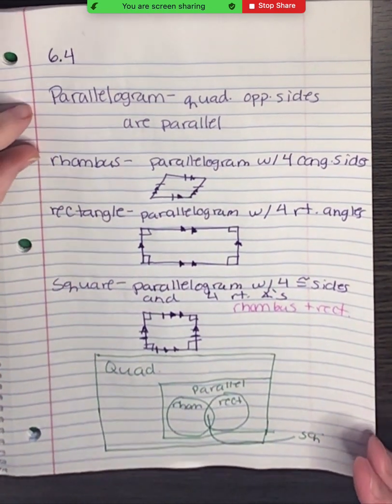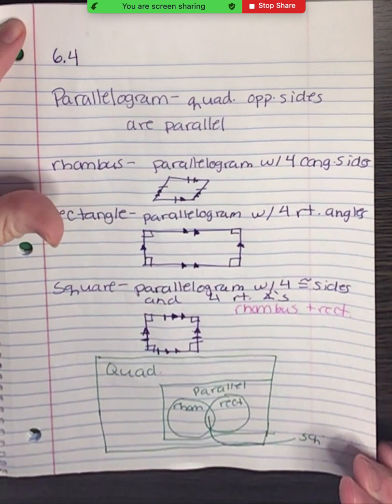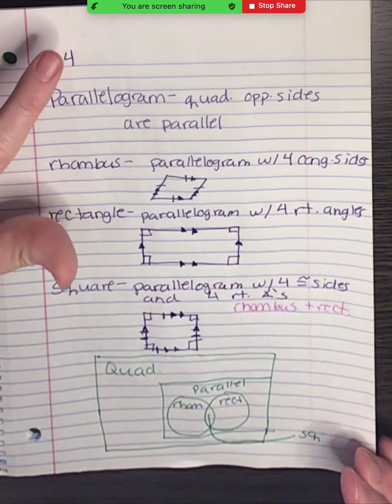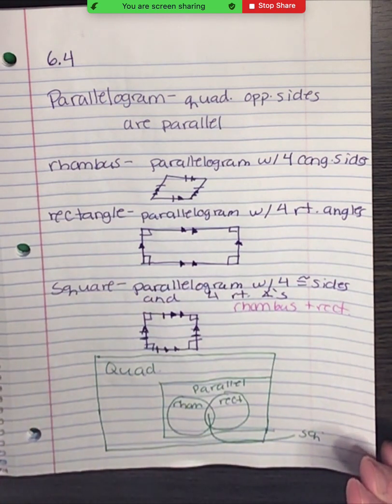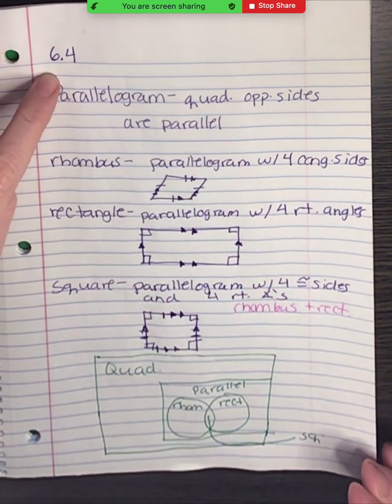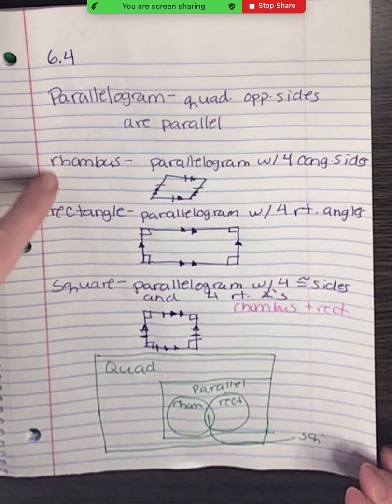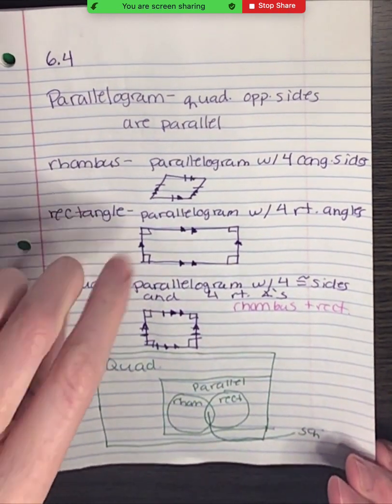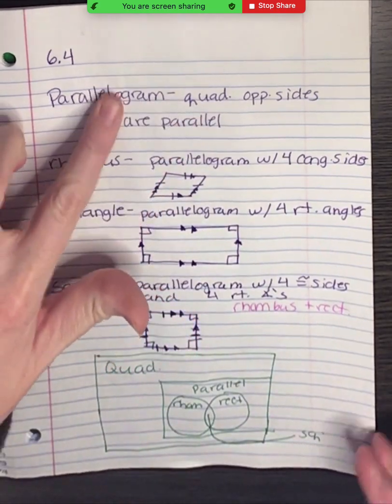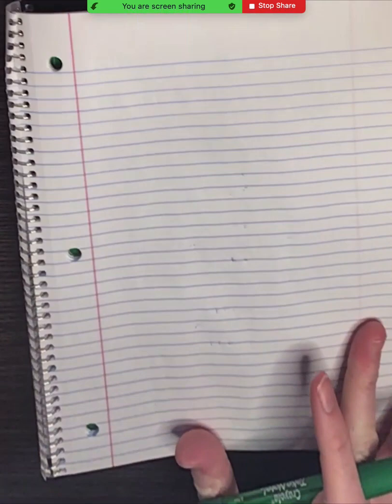They are parallelograms, which makes them quadrilaterals. So you can use the properties of quadrilaterals and parallelograms on these 3, because rhombus, rectangle, and square are quadrilaterals and parallelograms. They have some of their own unique properties, but they are also parallelograms.